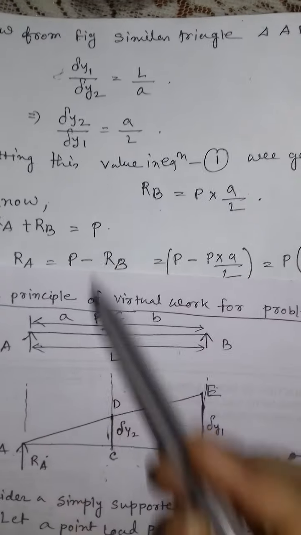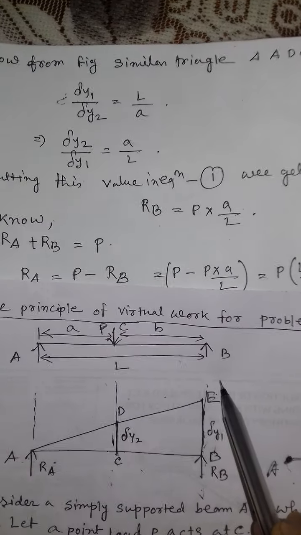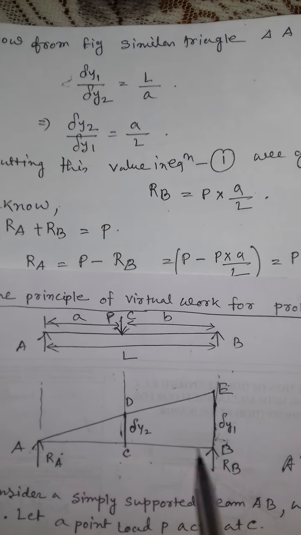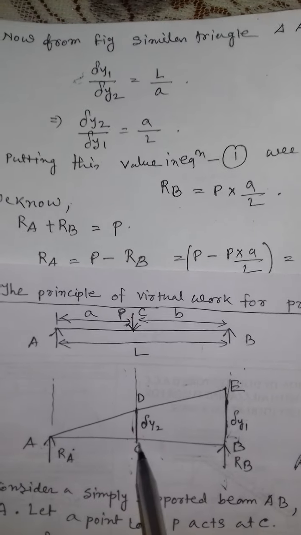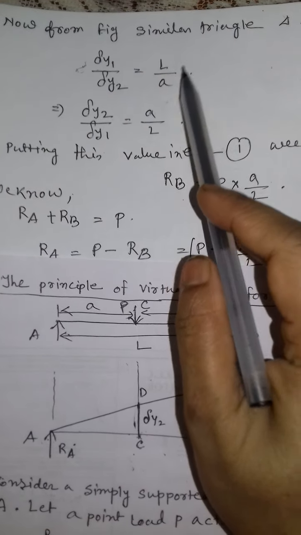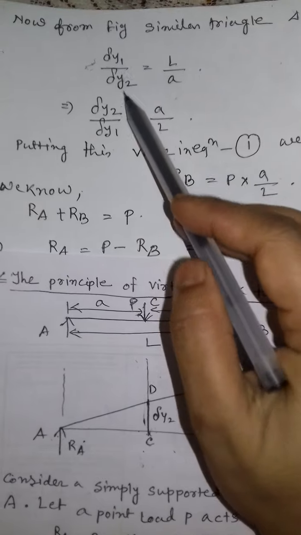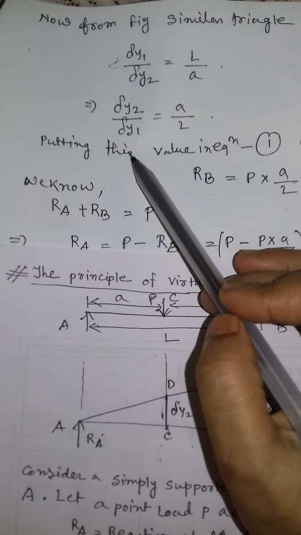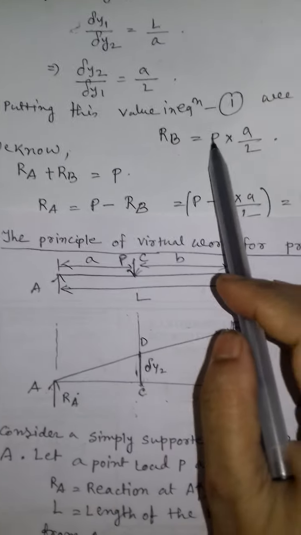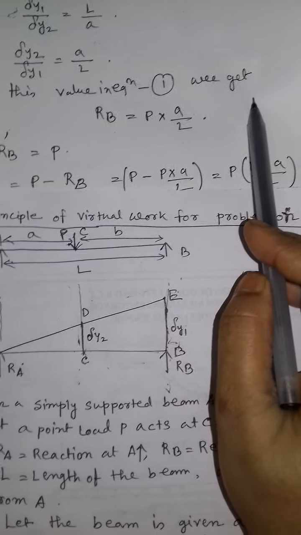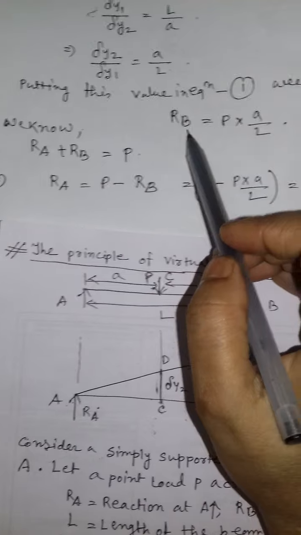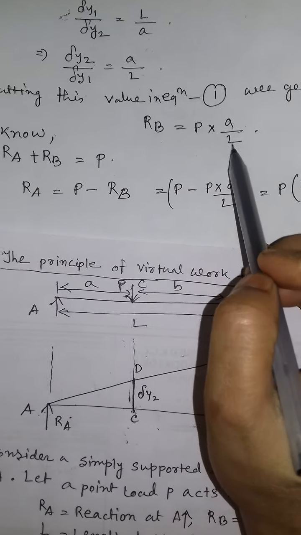From that we get del y1 by del y2 is equal to the total length L from A to B over small a from A to C. So del y1 by del y2 is L by a, and del y2 by del y1 is a by L. Now putting this value in equation 1, we get RB is equal to P into a by L.